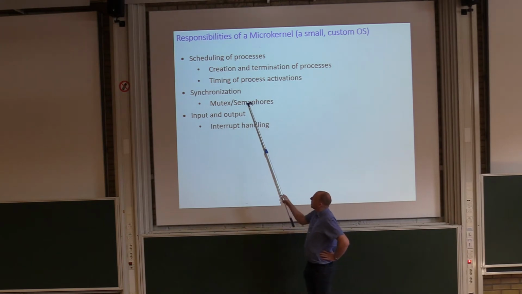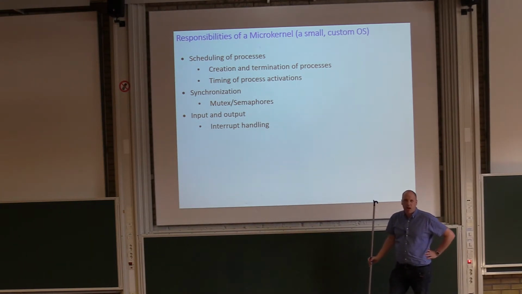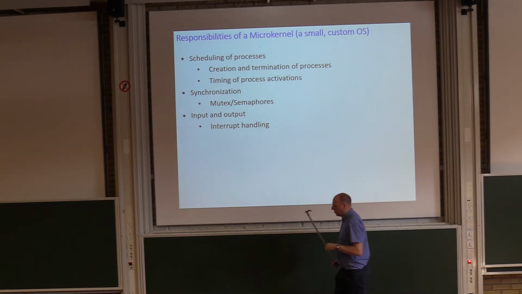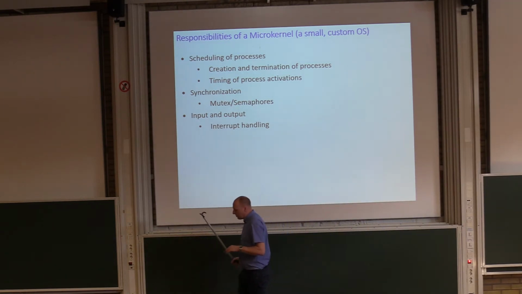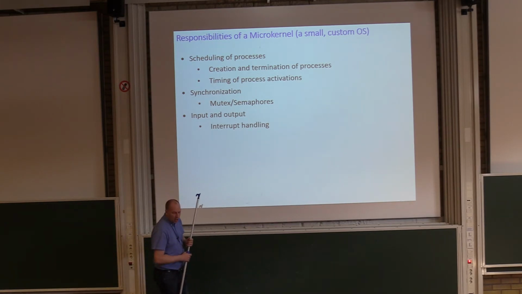Something that we will also see today is that when you start to have multiple threads executing in parallel and they are accessing shared resources, so it might be variables or it can be hardware that is shared between different threads, then you can run into strange problems, something called race conditions.